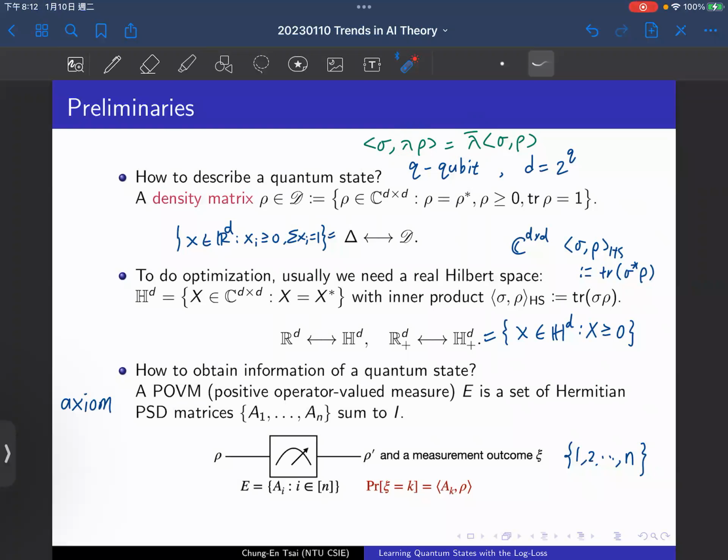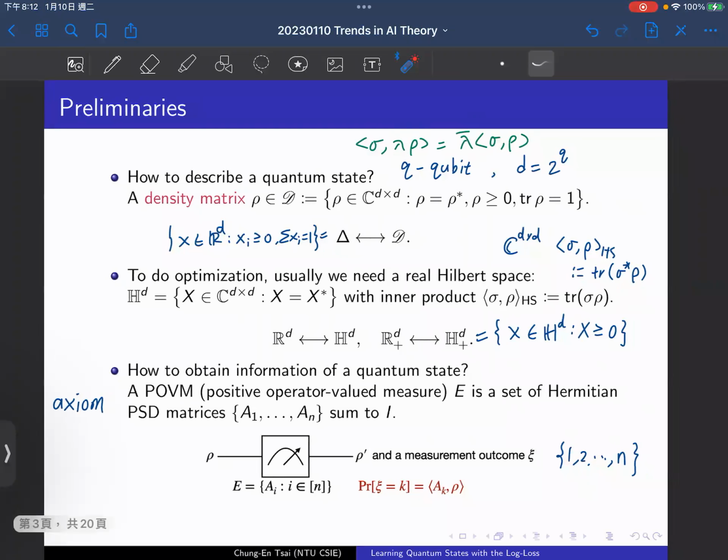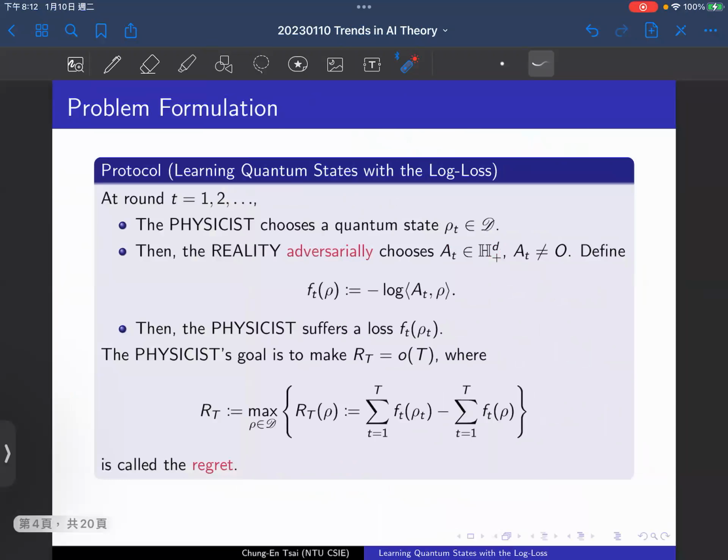Okay, then we'll talk about the problem formulation of learning quantum states with the log loss. So this is the problem. It is an online convex optimization problem, a multi-round game between the physicist and the reality. There is a round index t. At the t-th round, the physicist first chooses a quantum state rho_t in the set of density matrices.